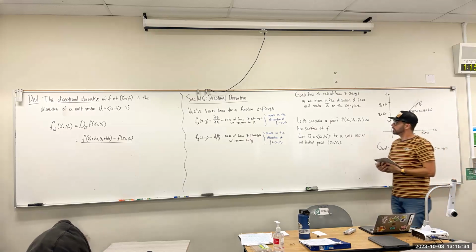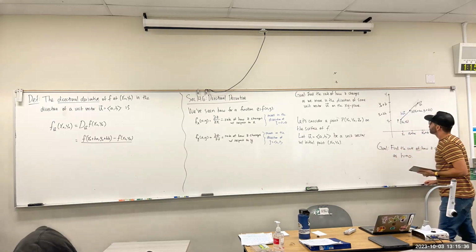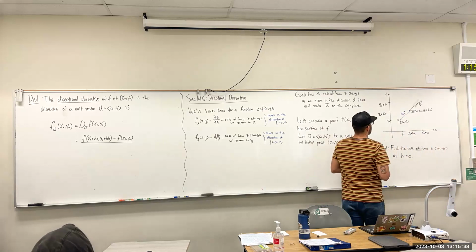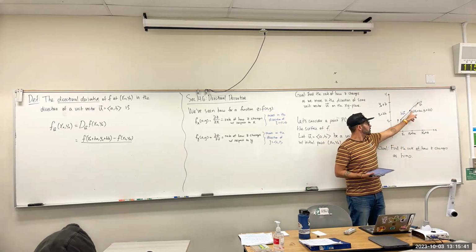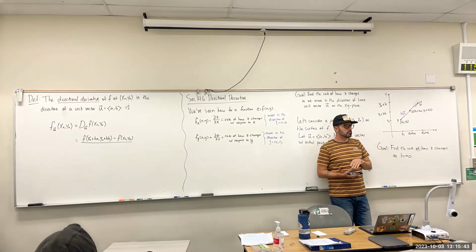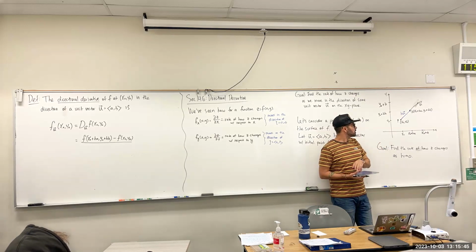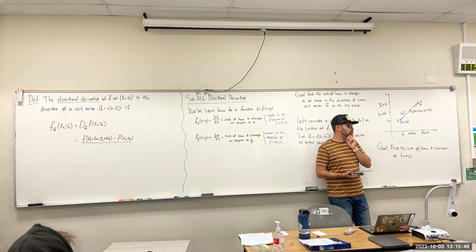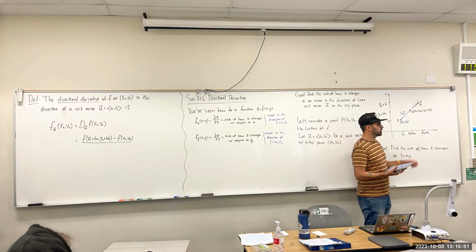How would you find the distance between these 2 points? The square root of ha squared plus hb squared. How can you use the vector to find the distance between those 2 points?